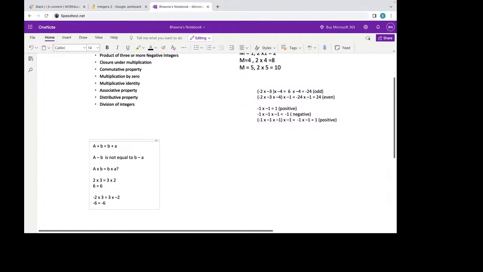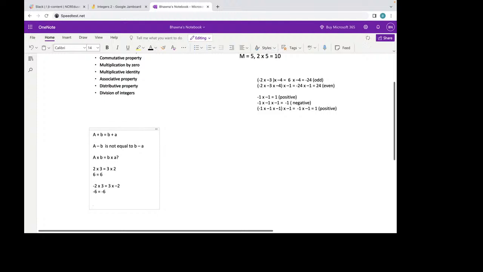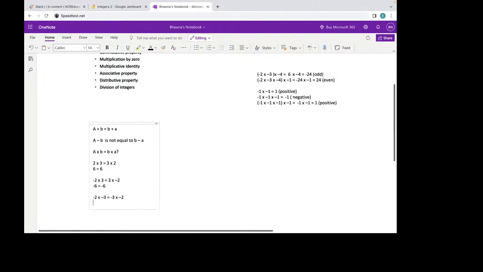Now let's take an example where both the integers are negative. So here let's say minus 2 and minus 3 this time. And here it is minus 3 multiply minus 2. Okay, so we know here we have a case where we are multiplying two negative integers.